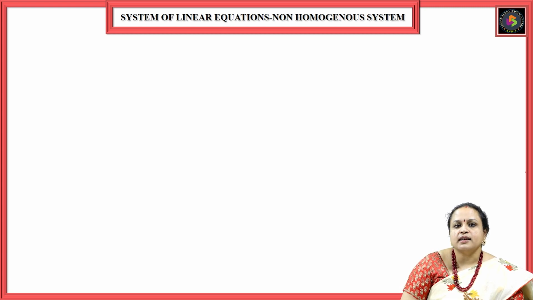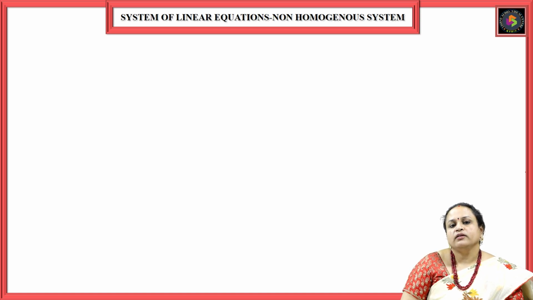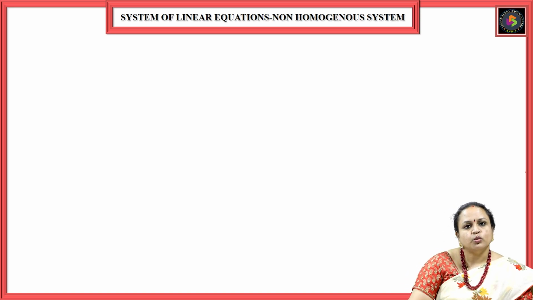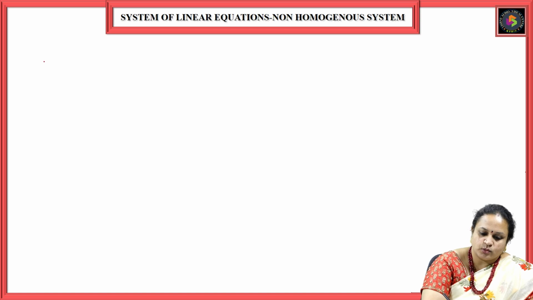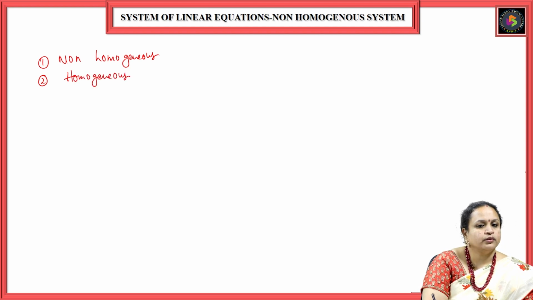So here matrices play a very important role, where we solve a system of equations using matrices. There are two kinds of system of equations: one is the non-homogeneous system of equations, and the other one is the homogeneous system of equations.